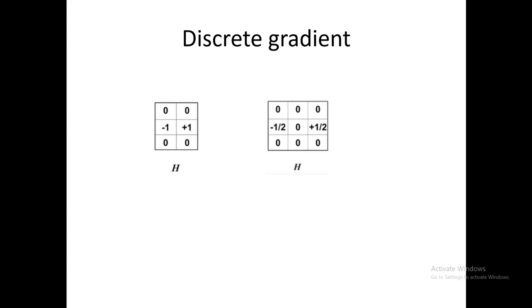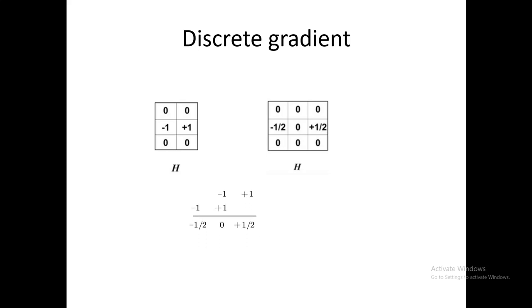again the question arises why there is +1/2 and -1/2. It's the average of the right derivative and the left derivative. What we mean is that the right derivative would be a +1 here and -1 here, like we can see.